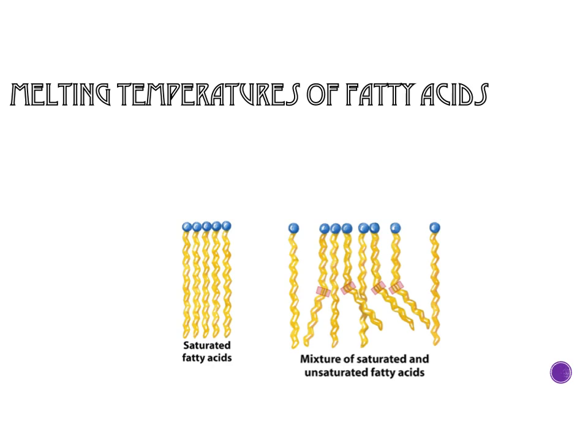Okay, and if we look at a different diagram of this, so again, here's our saturated fats, and here's a mixture of saturated and unsaturated, and it turns out we can classify or rank the interactions based on melting temperatures. So in general, saturated fatty acids have a greater melting temperature than unsaturated.